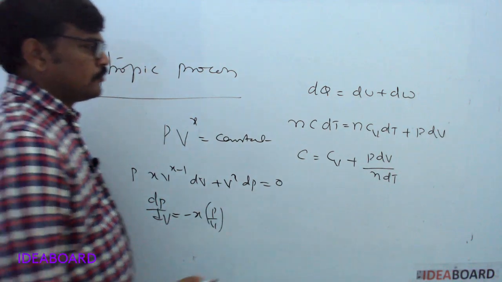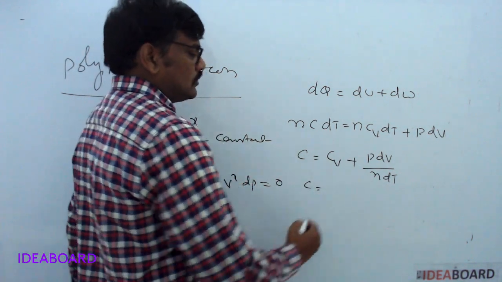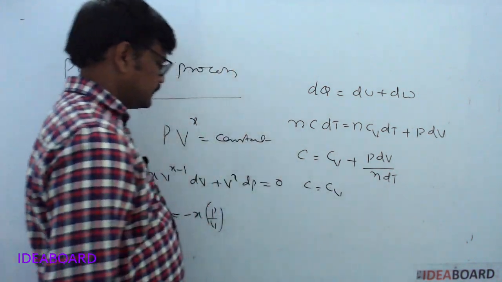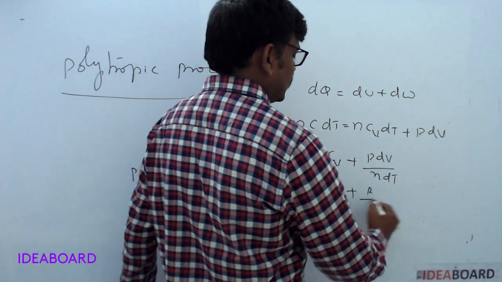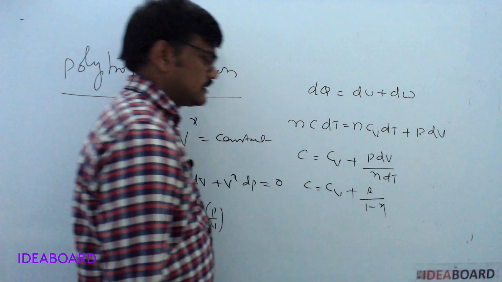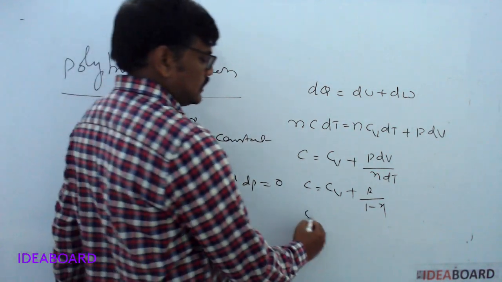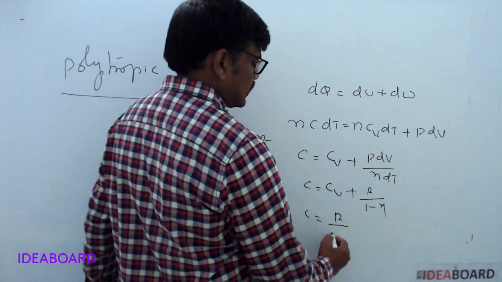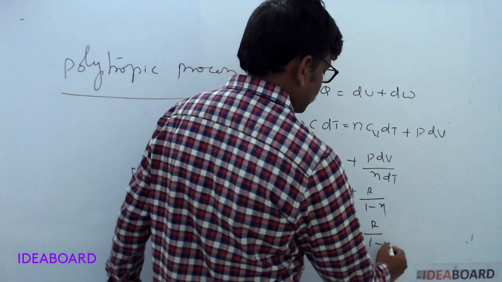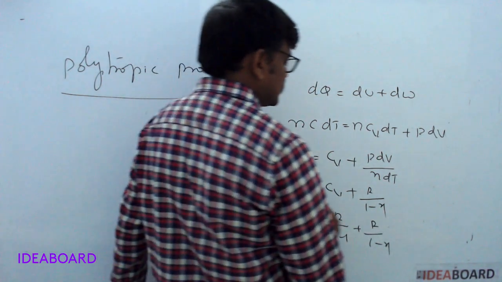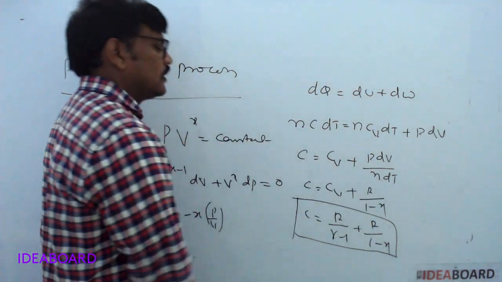After simplifying, we get R divided by 1 minus x, or C equals Cv, means R by gamma minus 1 plus R by 1 minus x. So this is the specific heat of the polytropic process.